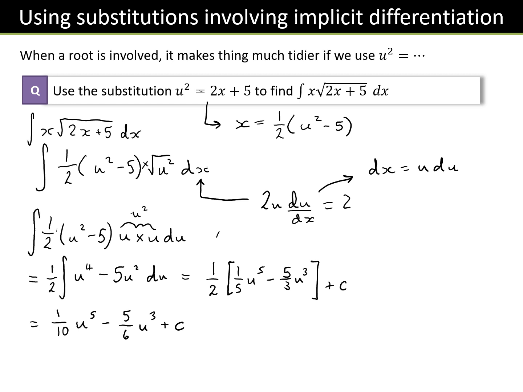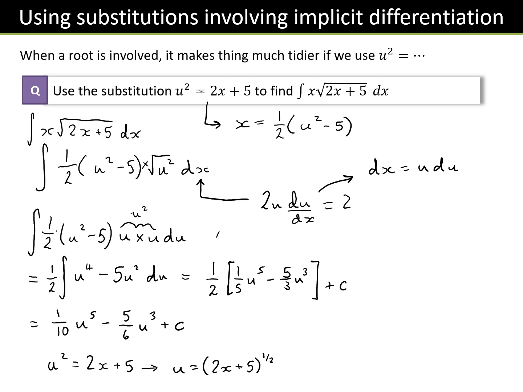So what we need to actually do is square root this. So we know that u squared is 2x plus 5. So u is the square root of this thing. I don't really like square root signs, so I'm going to do a power of a half.